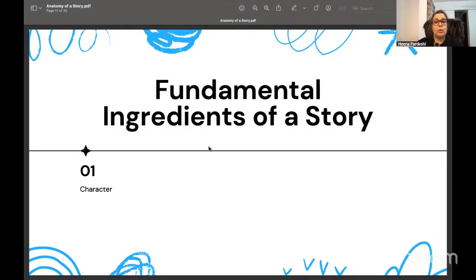But it can also be a collective, an idea, or even a force of nature. Now, in nonfiction, it's often you in memoir, or the central figure or subject whose transformation we are going to be following if it's a biography.